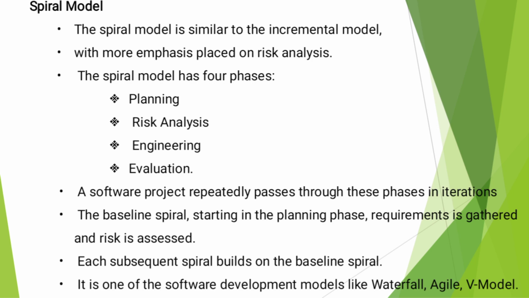In the baseline spiral, starting in the planning phase, requirements are gathered and risk is assessed. Each subsequent spiral is built on the baseline spiral. It is one of the software development models like waterfall, agile, and V model.